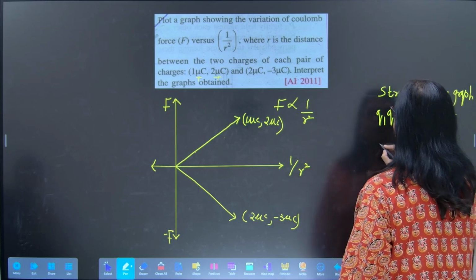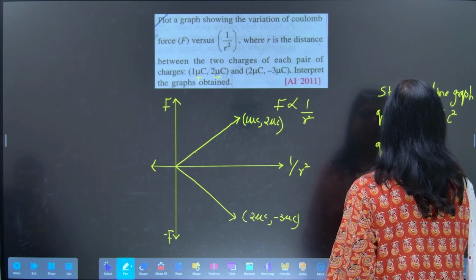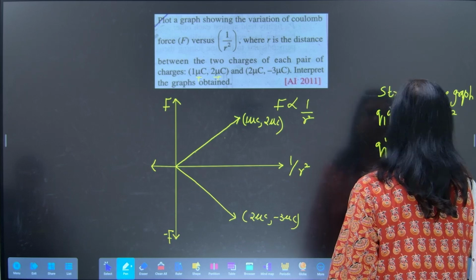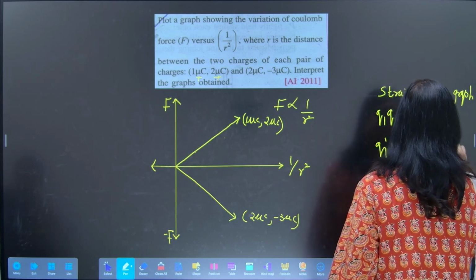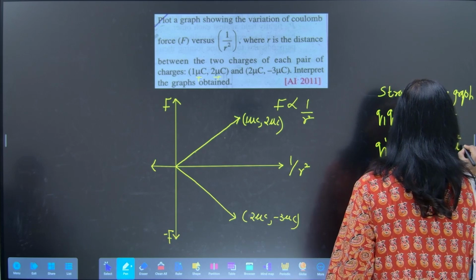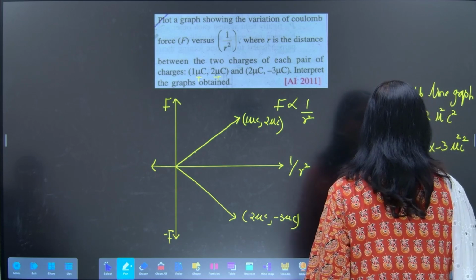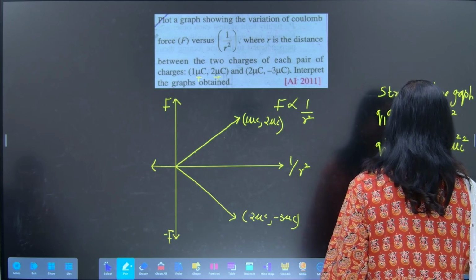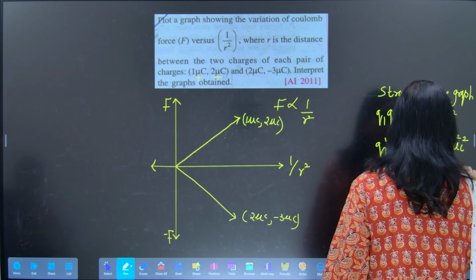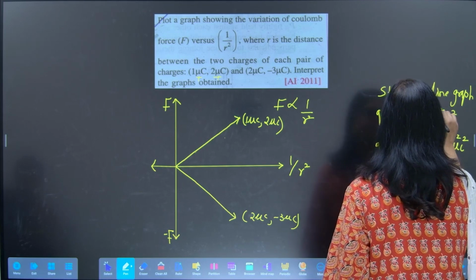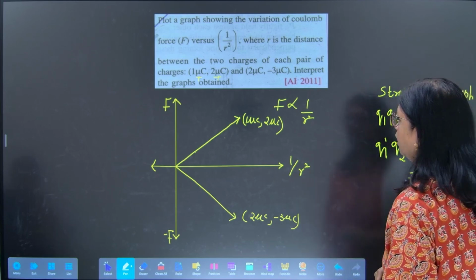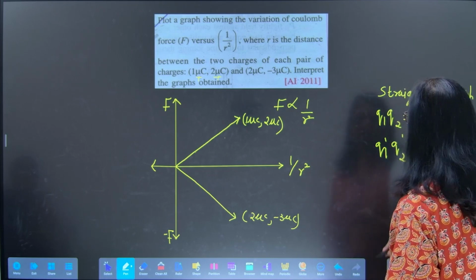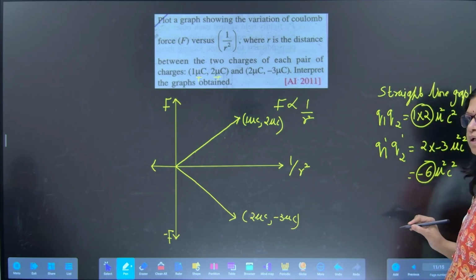And the value of Q1 dash and Q2 dash in the next pair is 2 into negative 3 micro square Coulomb square, which is equal to negative 6 micro square Coulomb square. Here we can see the magnitude of the product of the two charges is different.